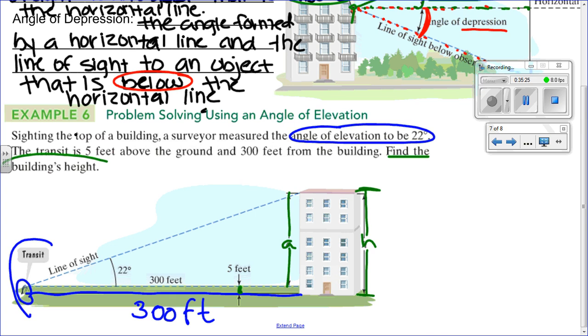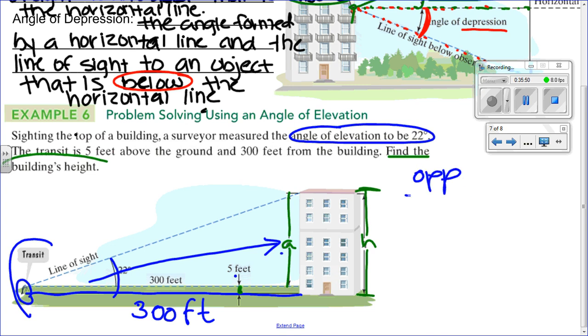Let's see. We have here 5, and we have A. If we were talking about this angle right here, what do you think that side will be called? Would that be the adjacent, the hypotenuse, the opposite side of 22? It's the opposite.